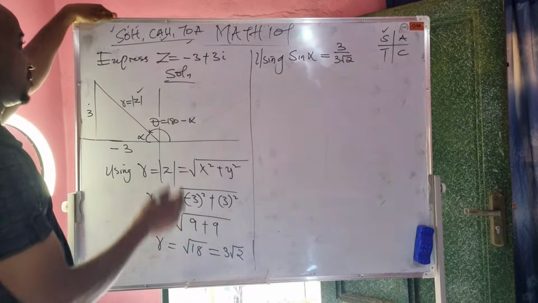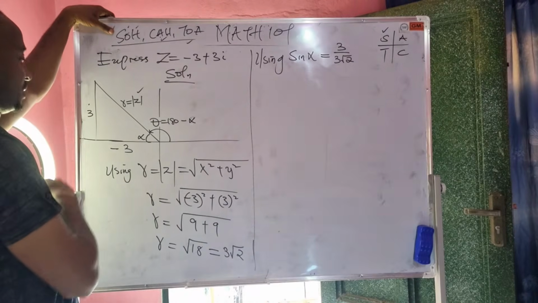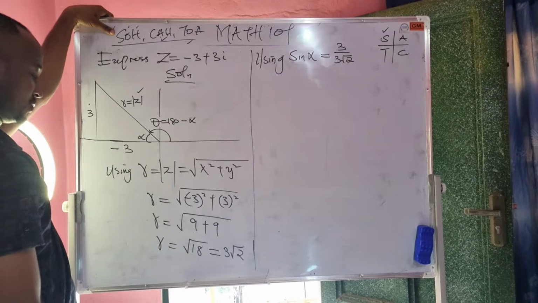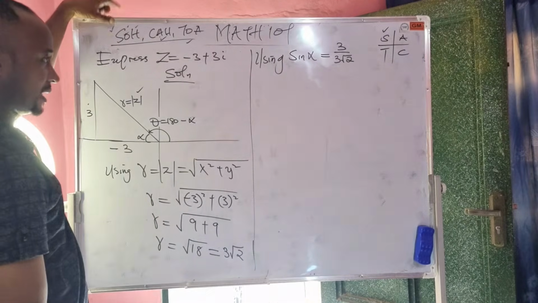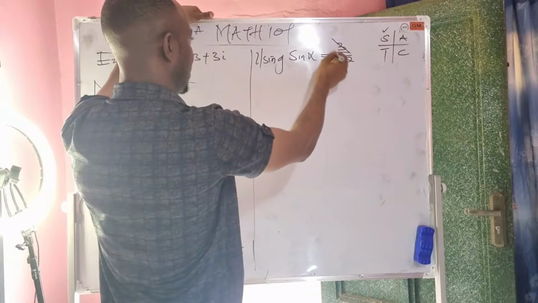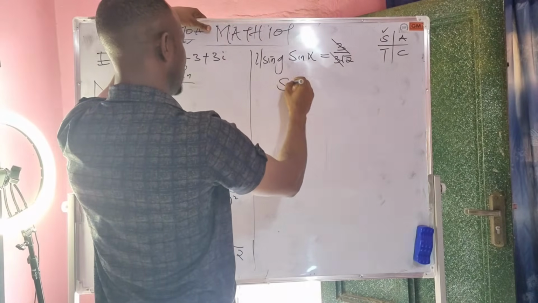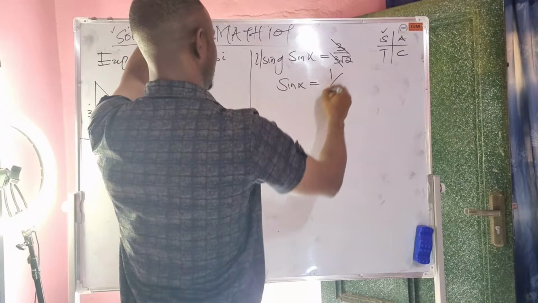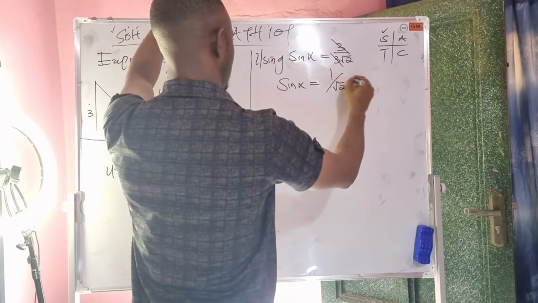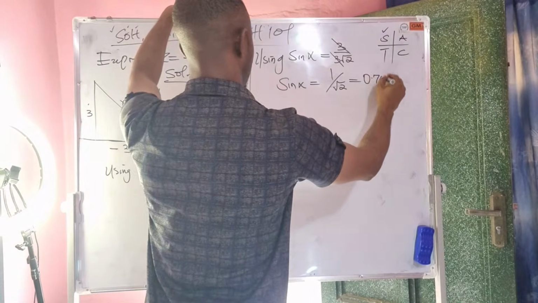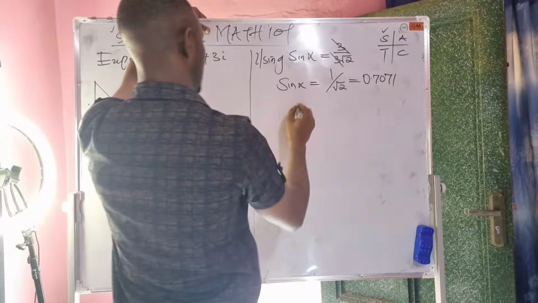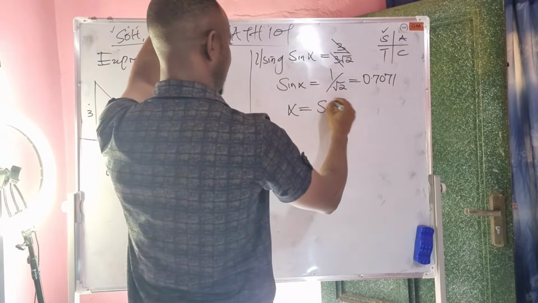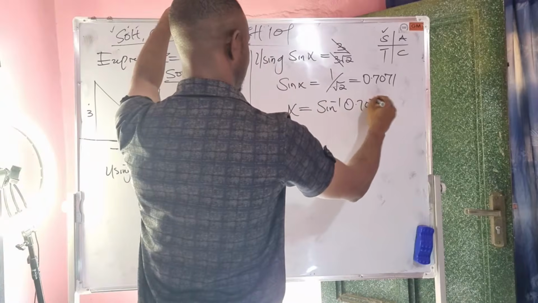Let's repeat again. Sine alpha is opposite over hypotenuse. Opposite is 3 over 3 root 2. The 3 can go with the 3 here, so sine alpha equals 1 divided by root 2, which is about 0.7071. So alpha becomes sine inverse of 0.7071.